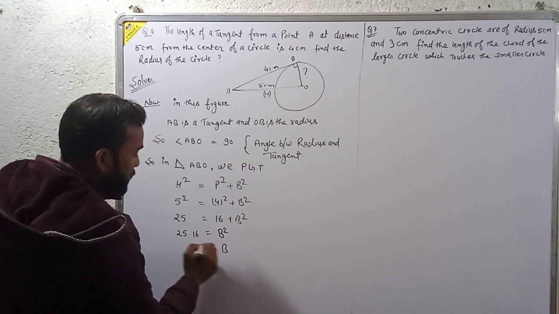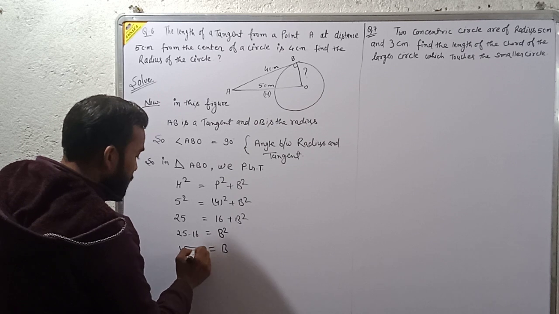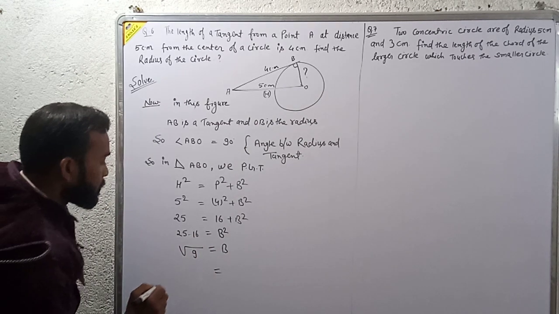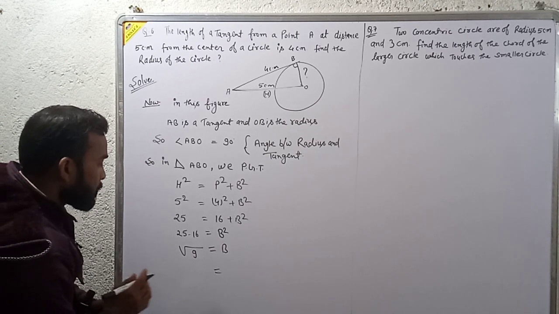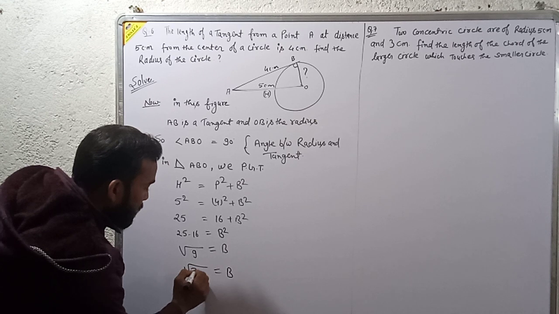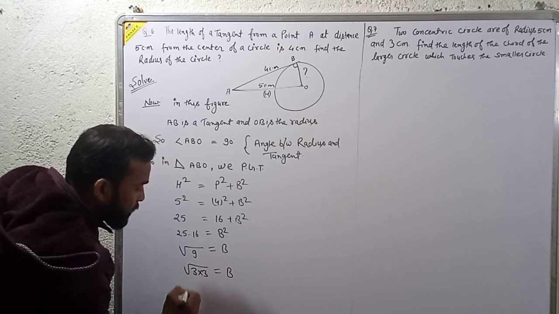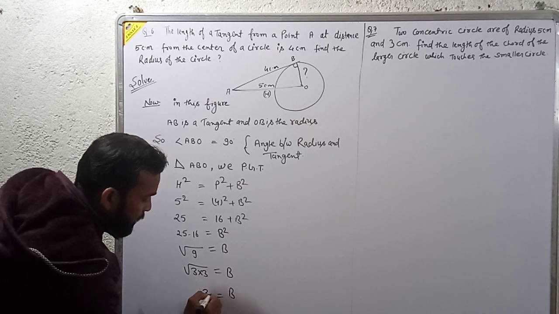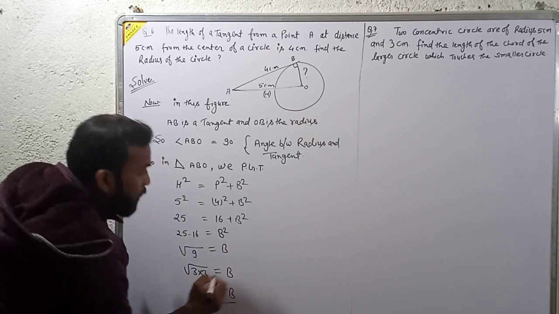B square, so b is equal to root of 9. B is equal to root of 3 into 3, the factors of 9. So b will be 3 centimeter.